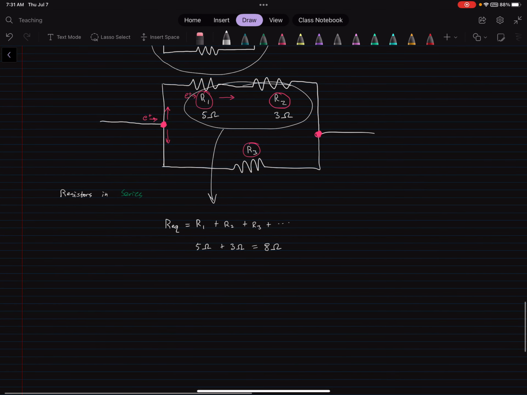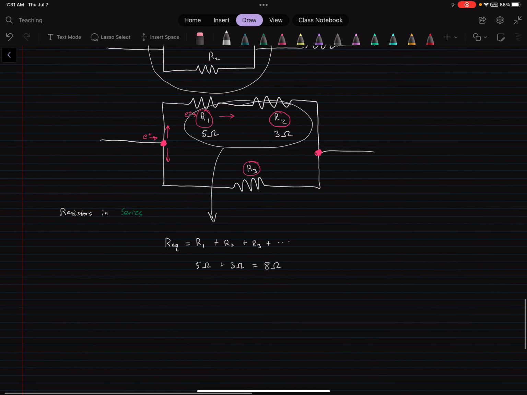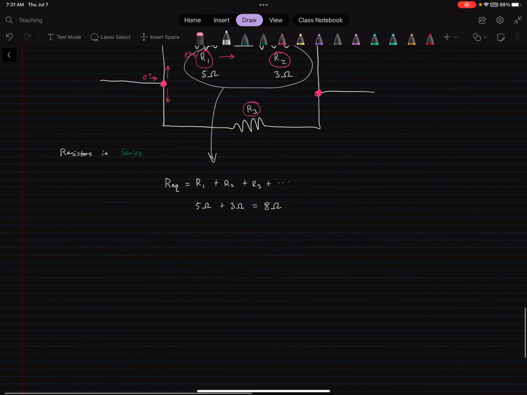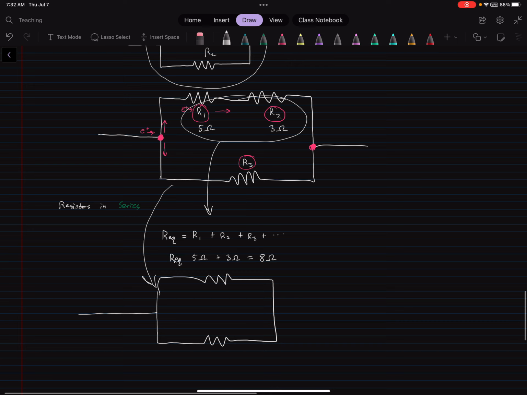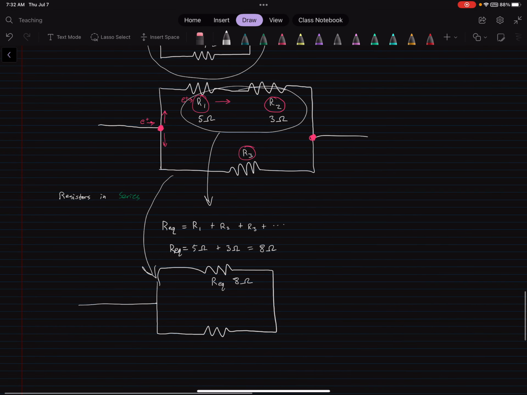Meaning that we could take this circuit and rip out R1 and R2, leaving R3 alone, and replace it with R_EQ, which is an 8 ohm resistor, and R3, I don't know, we'll say it's a 2 ohm resistor.